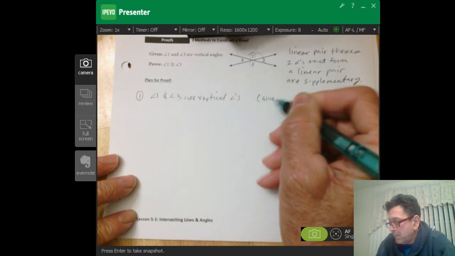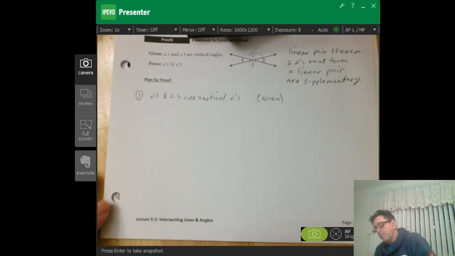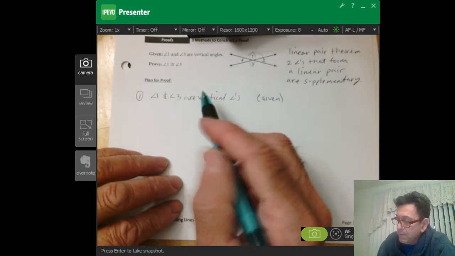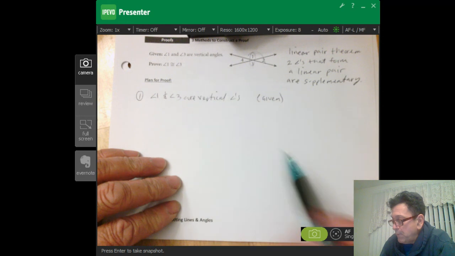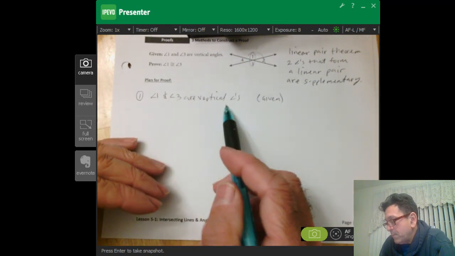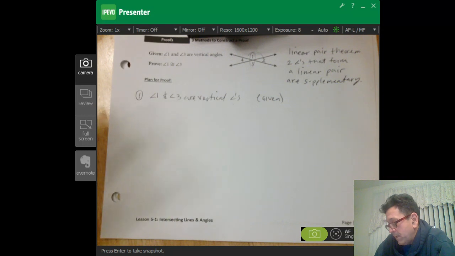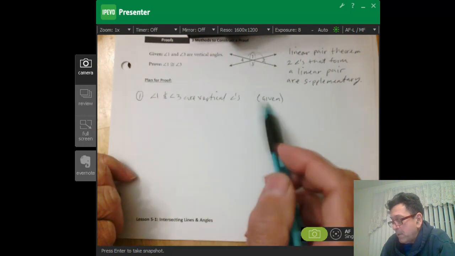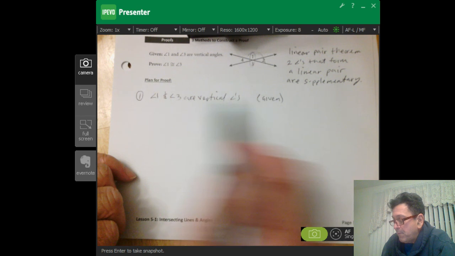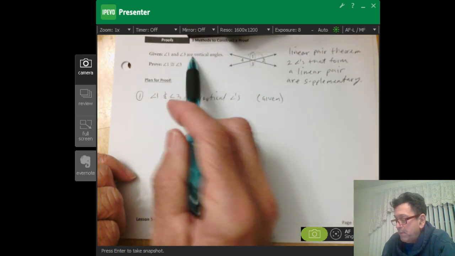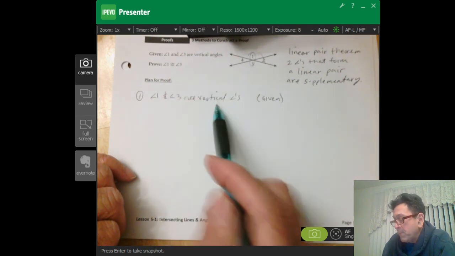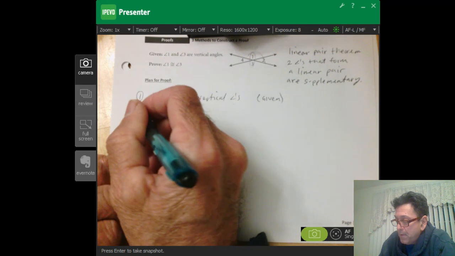We know that because that's our given information. Now in this case, we're not allowed to use what we know from the theorem about vertical angles. We're going to prove the theorem, and then we can use that later on anytime we want. But for now, we're not allowed to use that. So this is just information that we're going to then prove something that's true about.